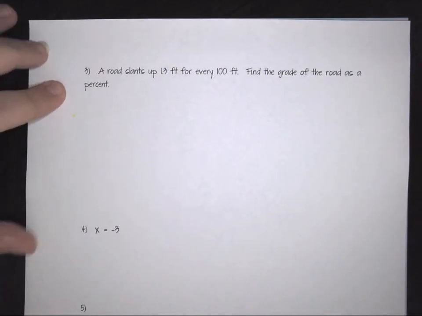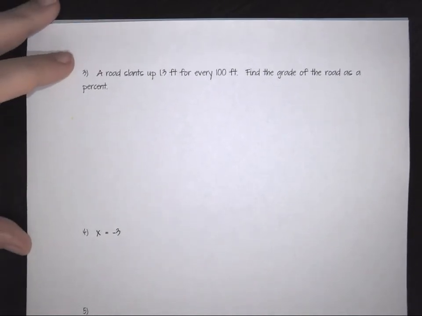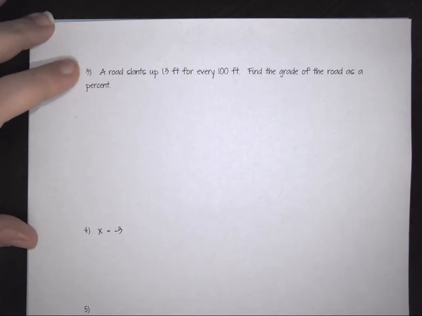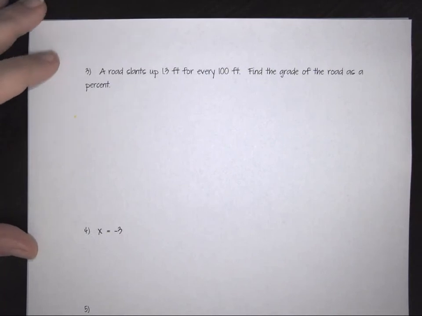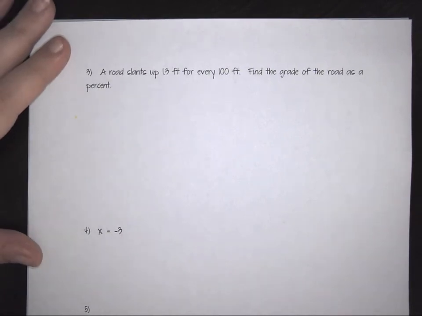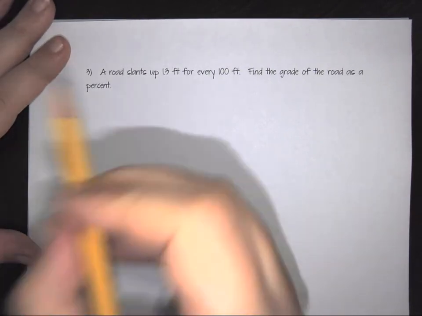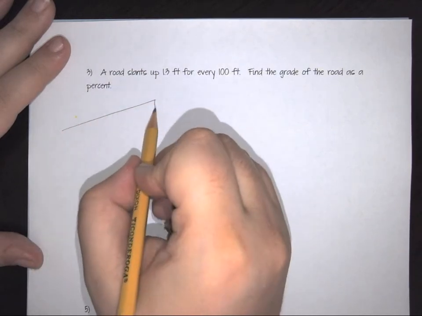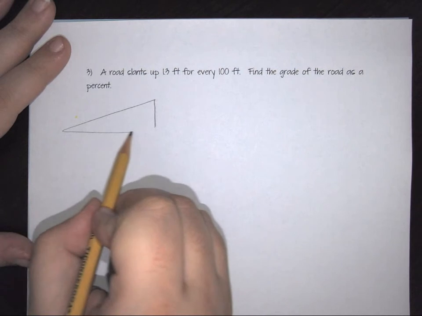Now this next one says a road slants up 1.3 feet for every 100 feet. Find the grade of the road as a percent. So we're talking about a road slanting. Here I would draw myself a little picture, and what we actually have is a triangle.